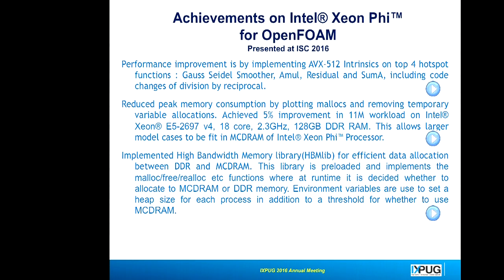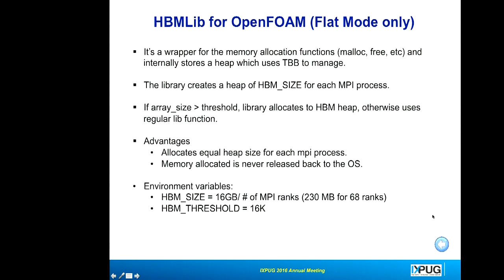So for OpenFOAM, we decided on a simple wrapper which uses a TBB allocator, and during runtime you do the exports and set some of this data. You can say that you want 16K of data to go to MCDRAM and the rest to DDR. This is what the Intel memkind and autoHBW do, but this is almost 3 times better in performance than Intel memkind, as we have benchmarked right now.